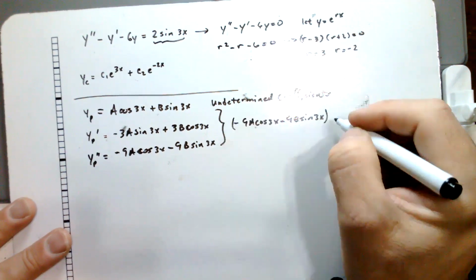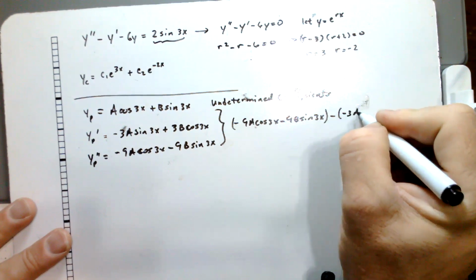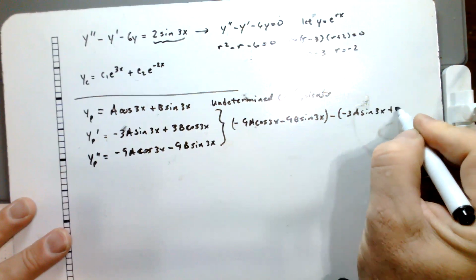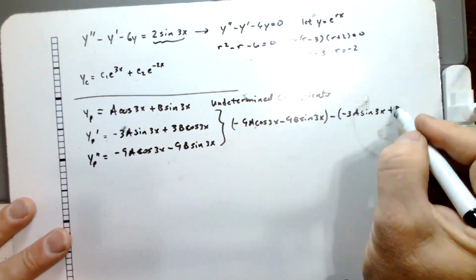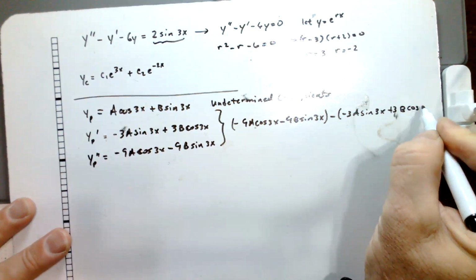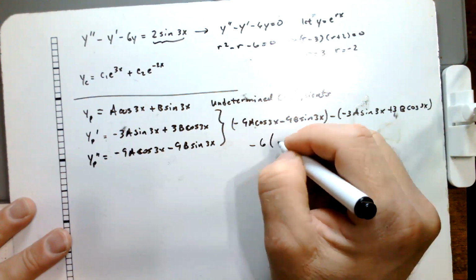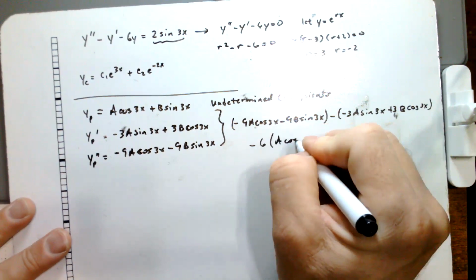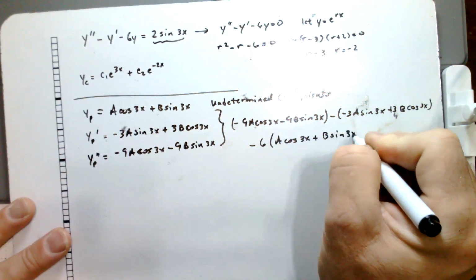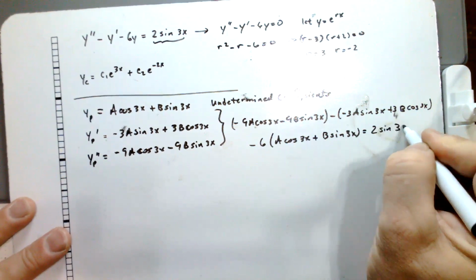Okay, that's y double prime, minus y prime, which is negative 3a sine 3x plus 3b cosine 3x, and then minus 6 times y, which was a cosine 3x plus b sine 3x. And that is all equal to 2 sine of 3x.